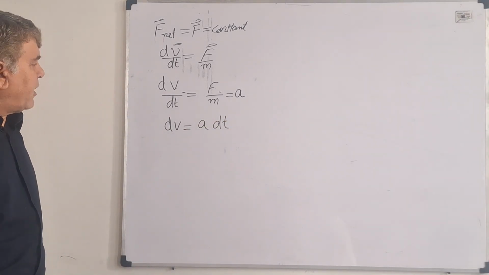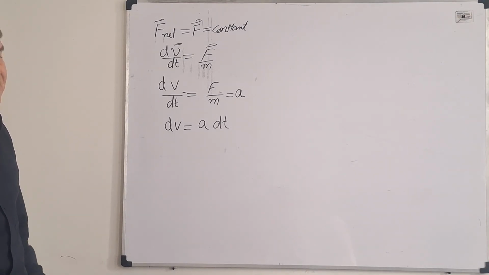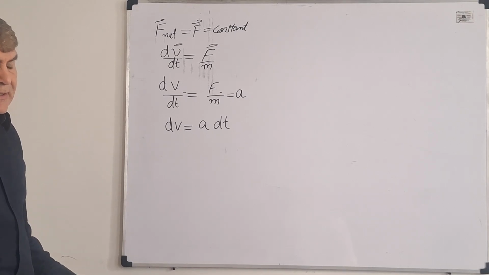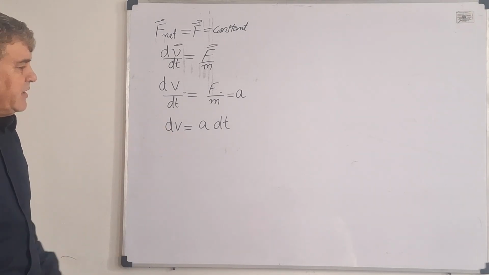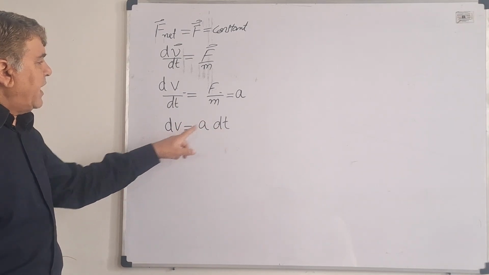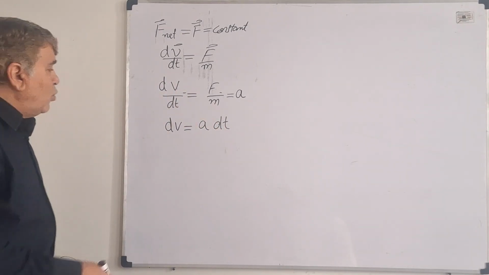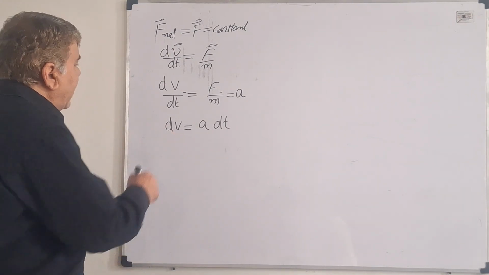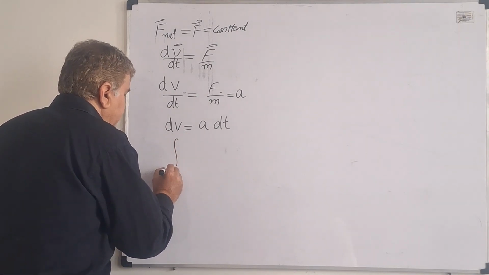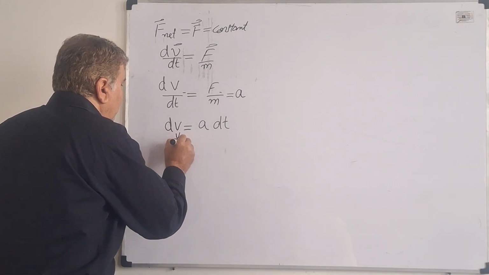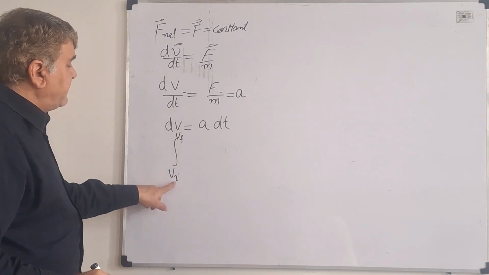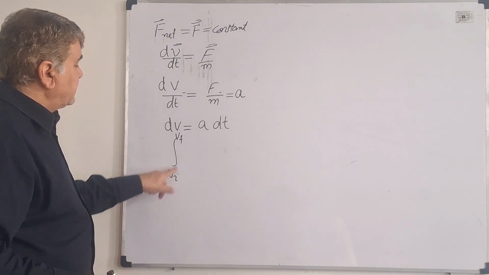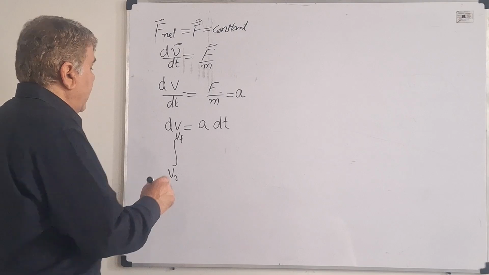Now, we know from calculus that if we know the initial conditions, we can straight away integrate this equation. Let the initial condition for velocity be vi at time ti and vf at time tf. Then with this information, I can integrate this equation from vi to vf, but keep in mind that this vi and this vf are the initial velocity along the x-axis and the final velocity along the x-axis.